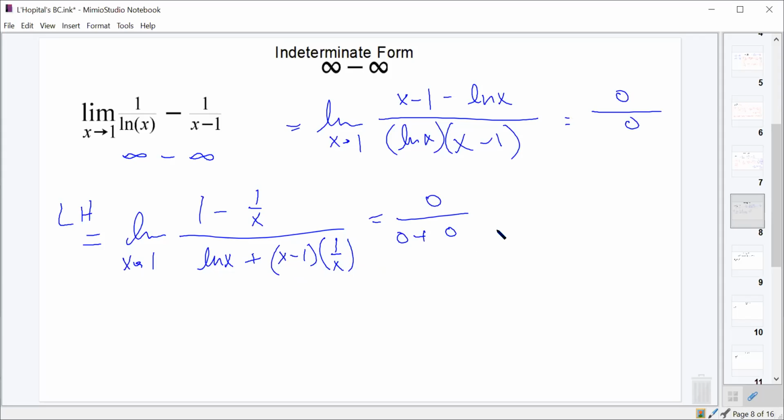What should we do? We end up with 0 over 0 again. What do you think we should do? Do it again. Sure, why not?